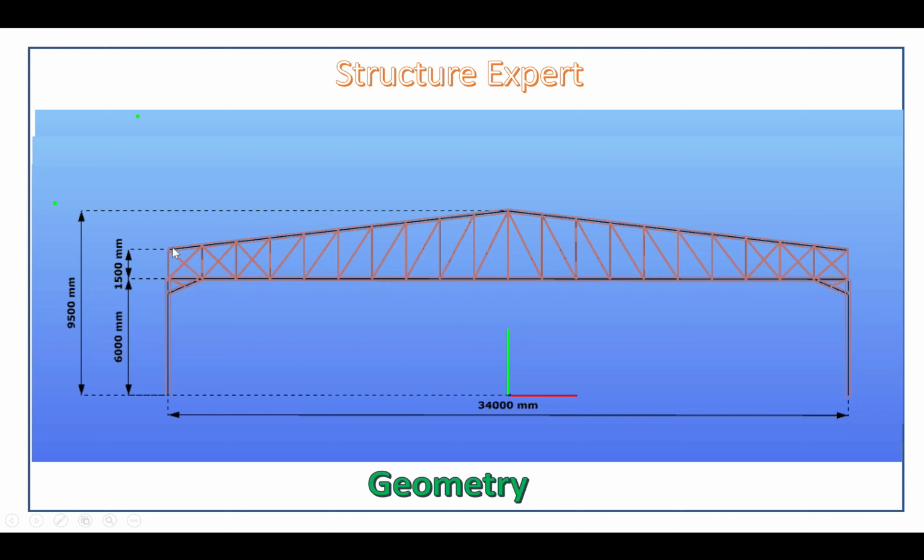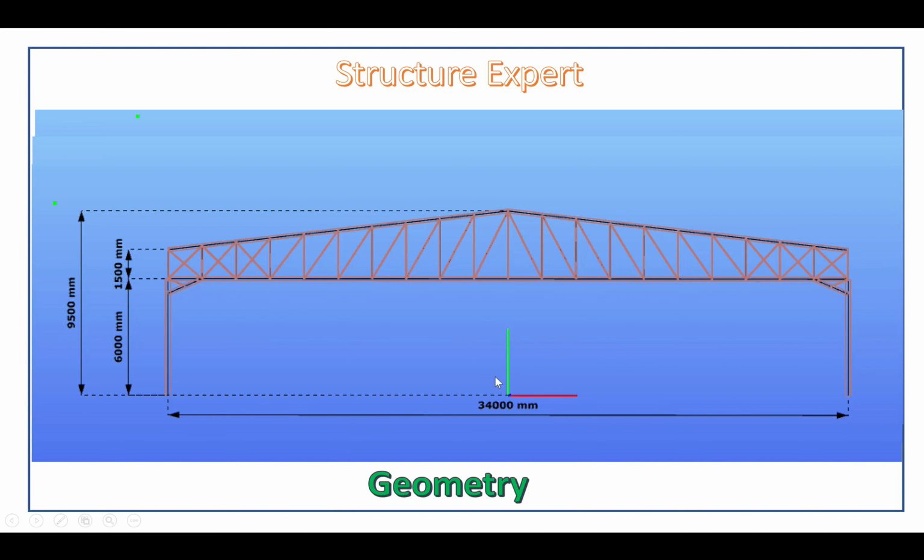We use 34 meters and the column height is 6 meters, and it's different in the overall height for the truss. We have the same slope, but the truss geometry is not the same as the rafter. But the overall system is the same.